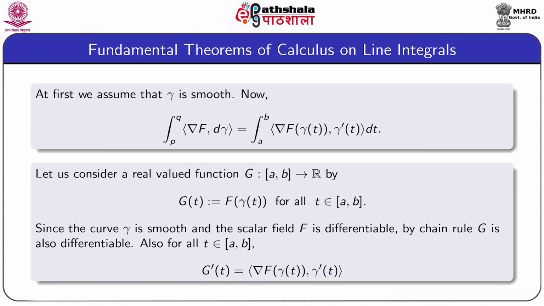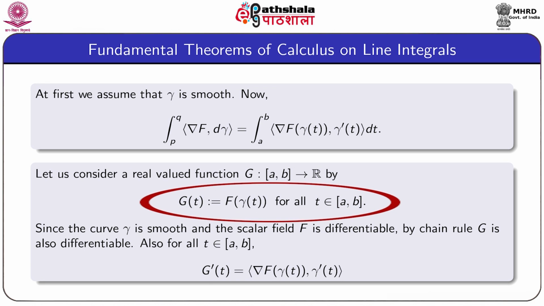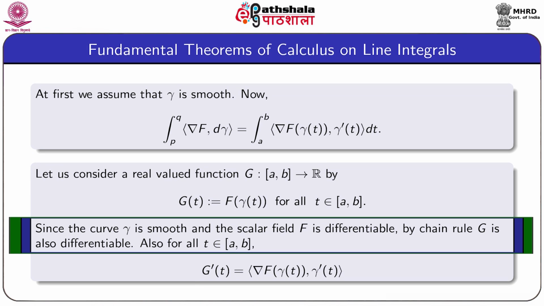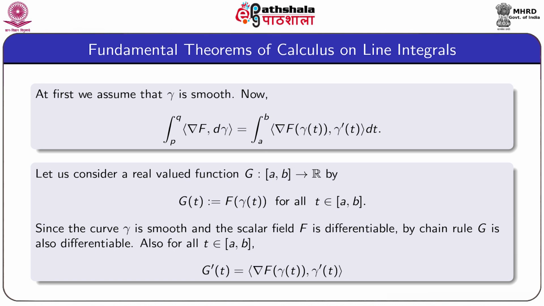Let us consider a real valued function capital G defined over the bounded closed interval [a, b] by G(t) equals F(gamma(t)) for every t in [a, b]. Since the curve gamma is smooth and the scalar field capital F is differentiable, by the chain rule the function capital G is also differentiable. Also, for every t, G'(t) equals the inner product of gradient F(gamma(t)) and gamma'(t).